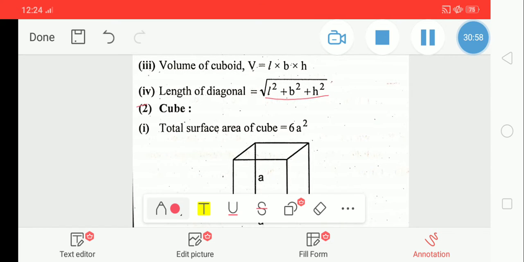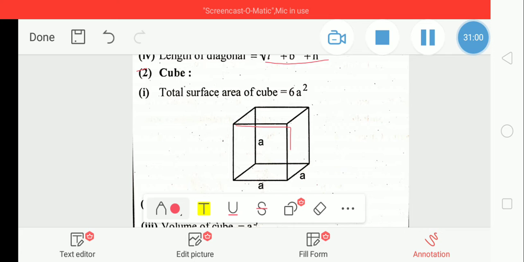Now cube, so here cube, that is a square of 3D diagram, all sides are equal, means length, breadth and height are equal. Total surface area of a cube, that is 6 times a square, because there are total surfaces 1, 2, 3, 4, 5 and 6, so 6 times a square.